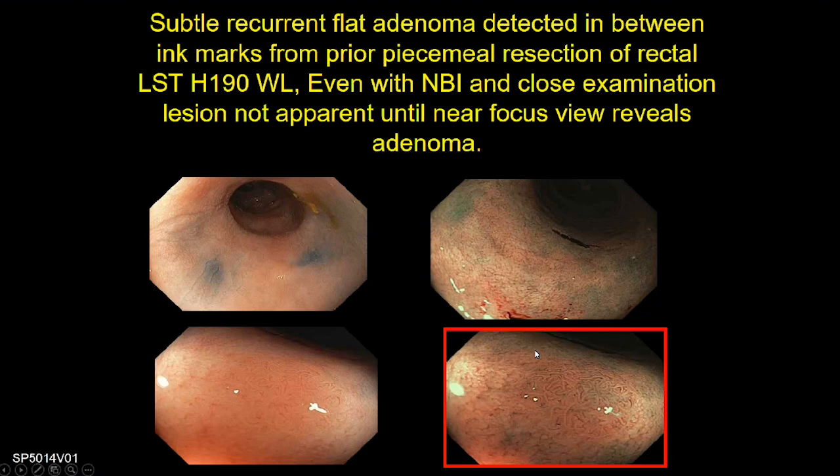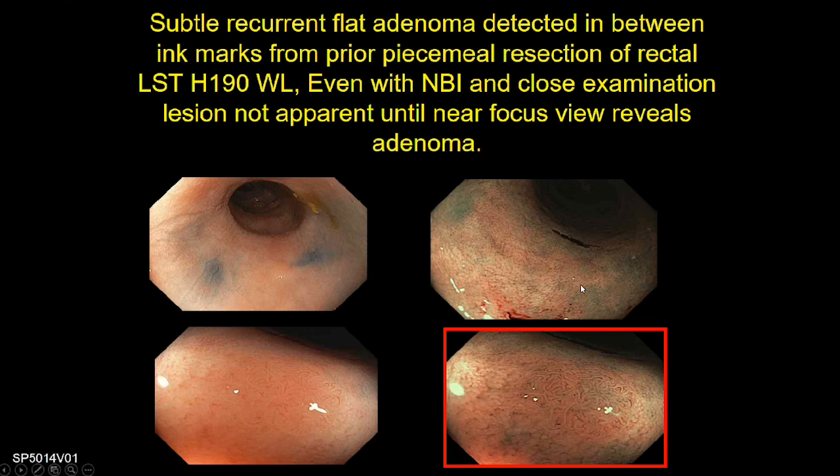Here's an example of where you can see the advantages of using a near focus. This is a case where a patient who had a large laterally spreading tumor had ink marks, as you can see on the image in the upper left. And we're doing a surveillance to see if there's residual polyp. In looking at this, you might be able to discern a little bit of a bump over here.